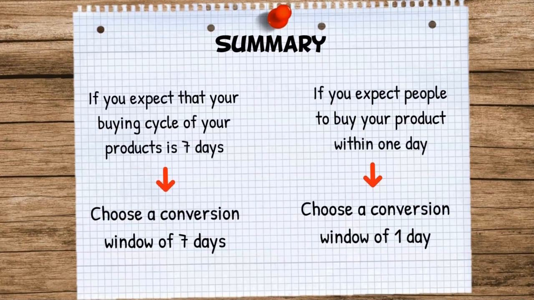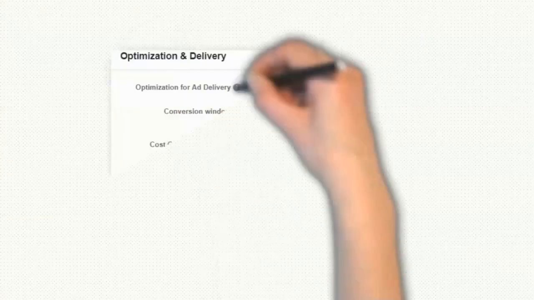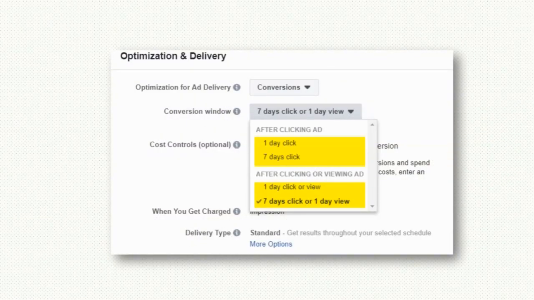You run 2 ad sets with 2 different conversion windows and you see which one performs better. For me, I usually sell items between $30 and $500, so in 90% of the cases I use a 7-day conversion window. Well, it remains one decision to make, and this decision is between 2 options.